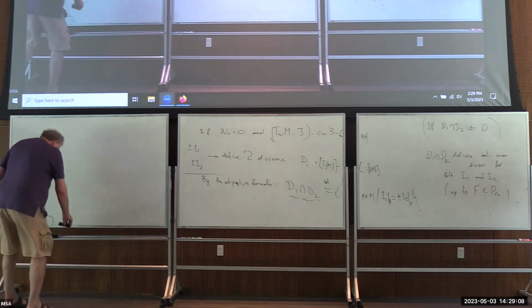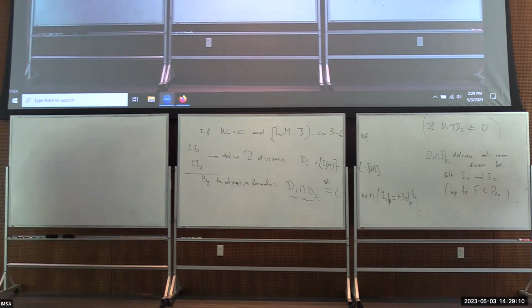And from here, one looks at the differential geometry.